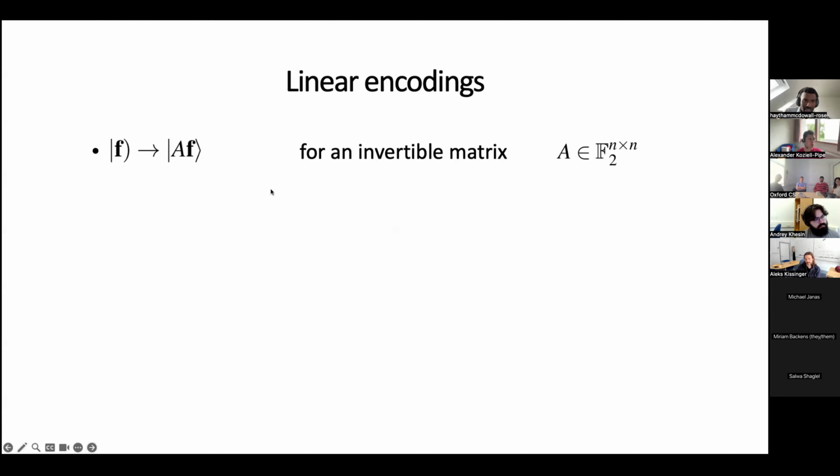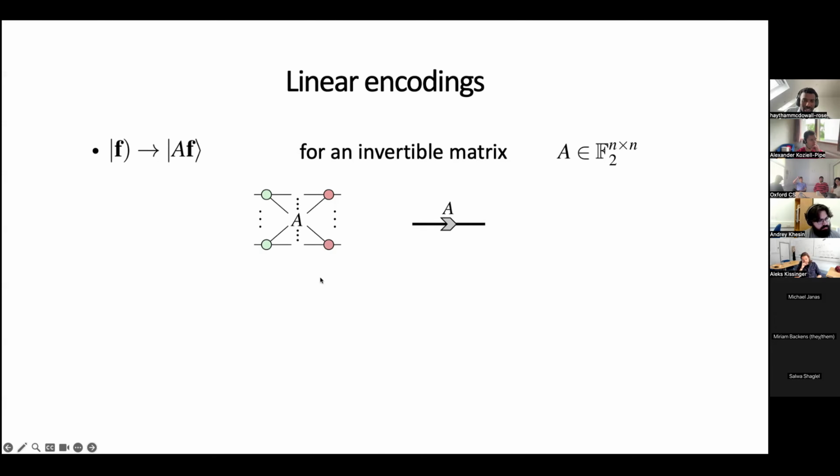So if A, for example, were the identity matrix over the field with two elements, this map here would simply be the Jordan-Wigner encoding, which we've seen, which we love, which is very useful and very easy. And this linear encoding here is given by this matrix arrow because the matrix arrow implements the map from F to AF in qubits.